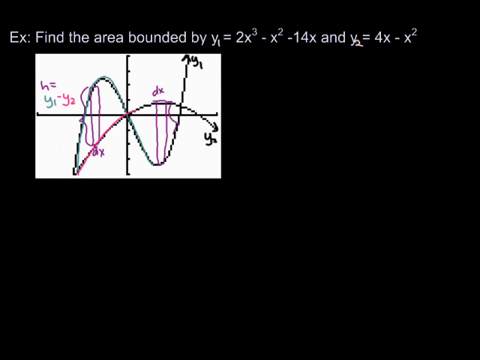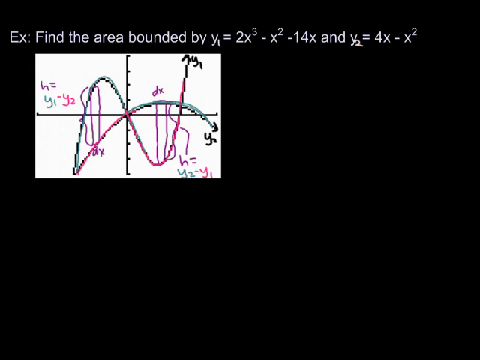When I look at the height, this time my top curve is y sub 2, and my bottom curve is now y sub 1. So we can see that the y top and the y bottom switch places for the two sections of area.